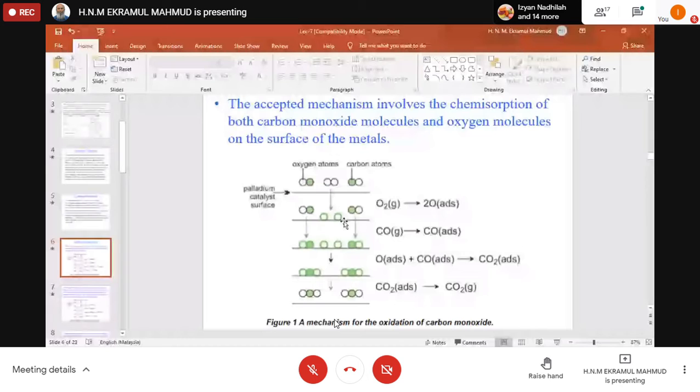If it is palladium, fine, platinum, fine, but we should not choose molybdenum. If it is molybdenum, the oxygen will stick and never react with others. It has to bond with the carbon, form the product, and later leave. But with platinum or palladium, good, it is okay. You see that oxygen is first sitting on the surface and it splits into oxygen atoms.